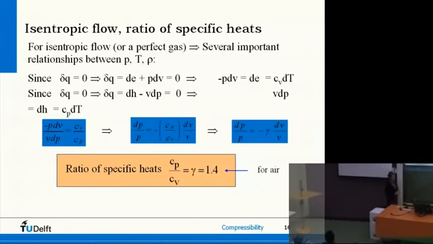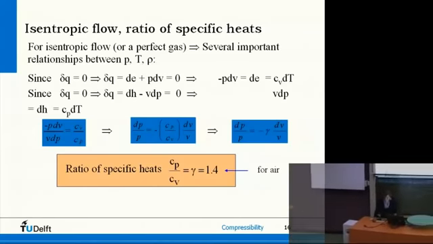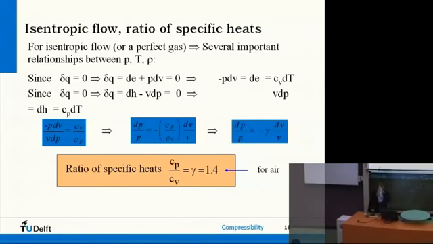Now, how do I do that? I divide them. Why? Well, they both have on the right-hand side dT, right? CV dT, Cp dT. So if I divide this equation by this equation, on the left-hand side I have minus PdV divided by VdP, okay? Doesn't look too stimulating, but on the right-hand side, I have CV dT divided by Cp dT. And look what happens. The temperature drops out, right?